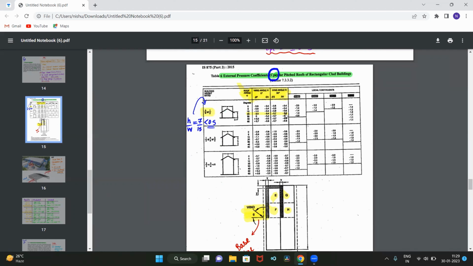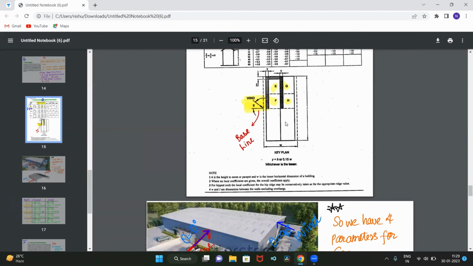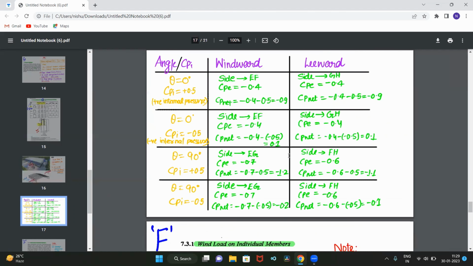And for leeward direction, that is FH, the CP external value is minus 0.6. So let me use it in the table. Here, as you can see, CP external value is minus 0.7 for windward and minus 0.6 for leeward direction. And it will be the same in the case of theta 90, CP internal value is minus 0.5.